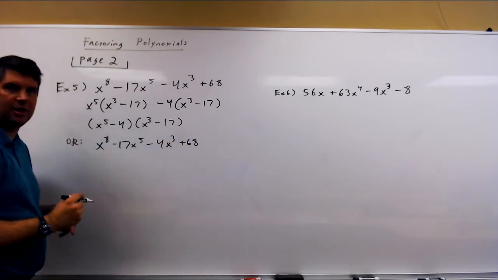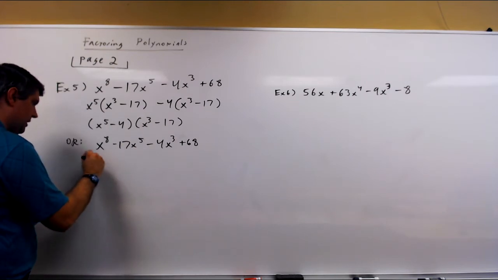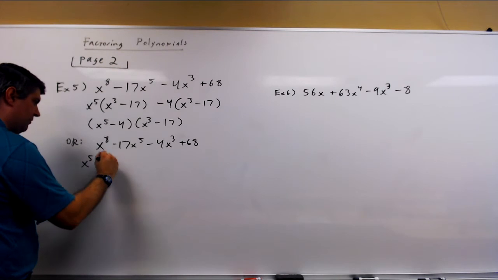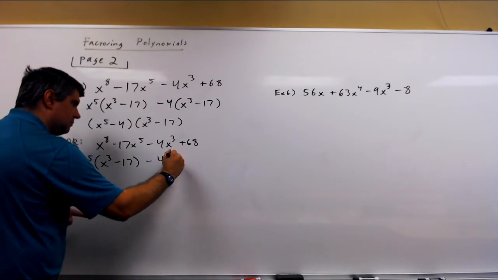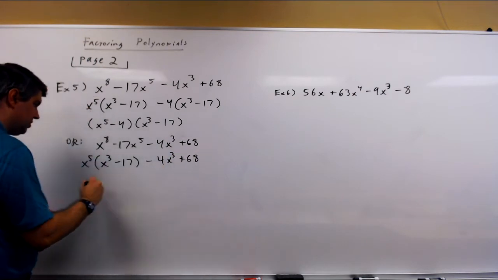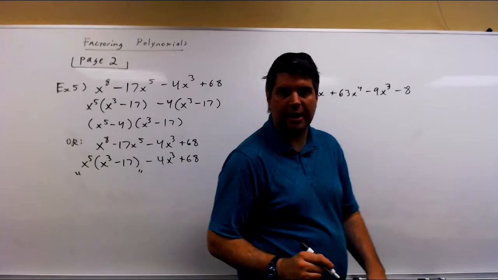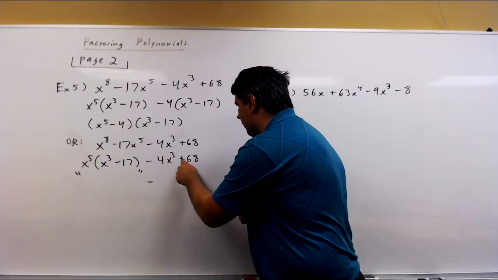68. What I could have done instead is I could have done these two together and ignored that, so just these two. That would have left me x cubed minus 17. So these two are done. And what I could have done here is I could have taken the negative out. They both have a 4 in them.